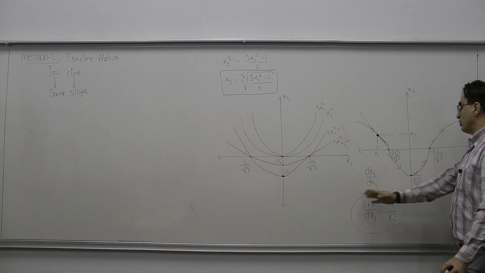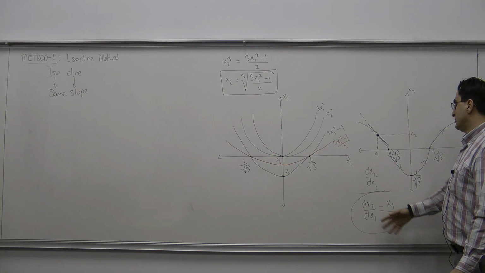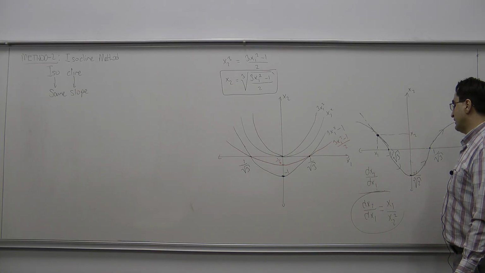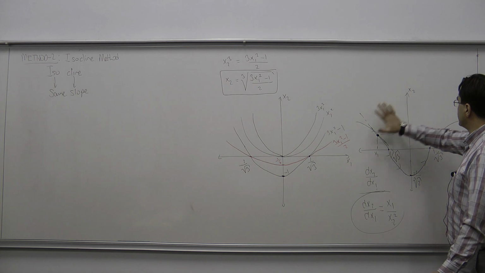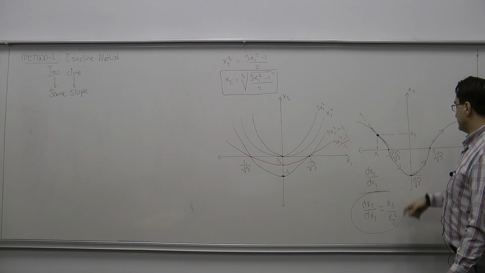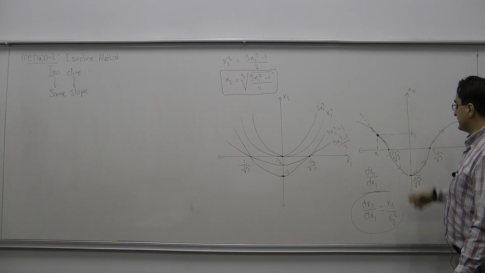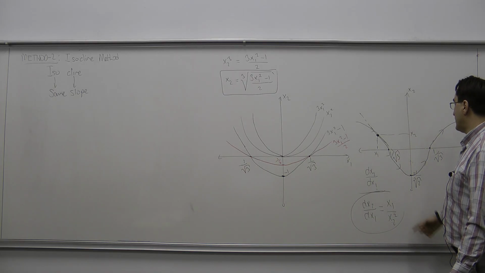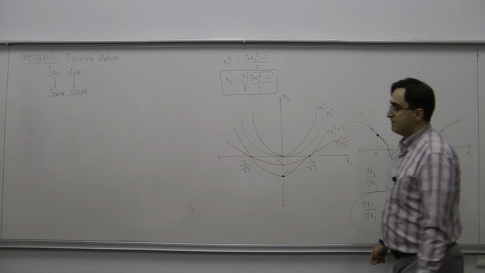So our aim is going to be to obtain the points on the trajectories in the state space where this slope is exactly the same on every point on a curve.